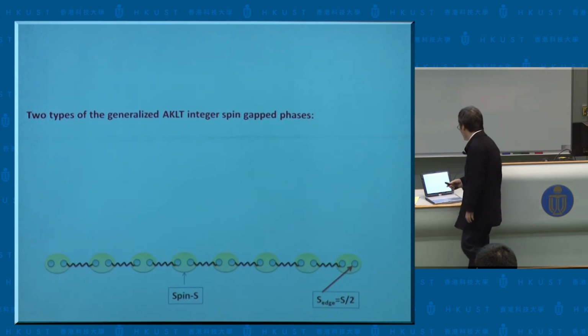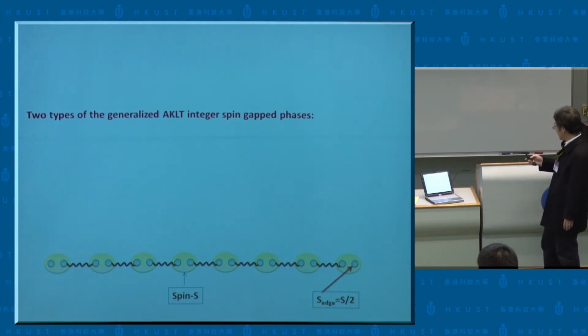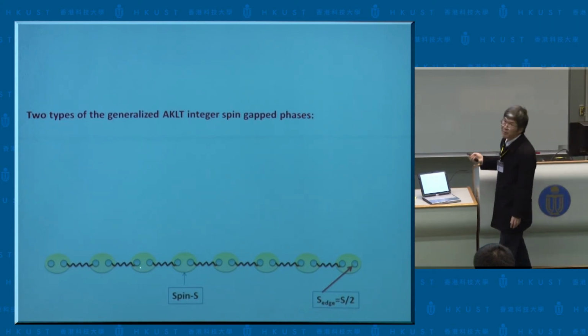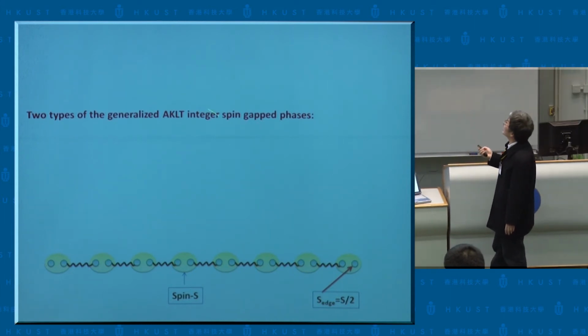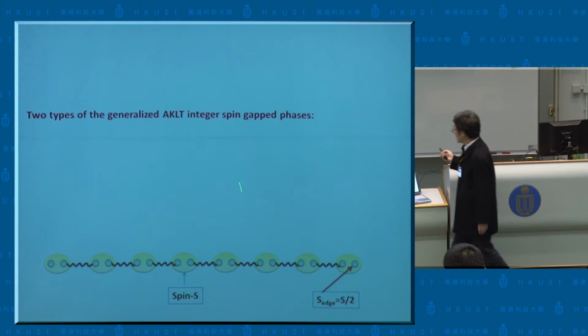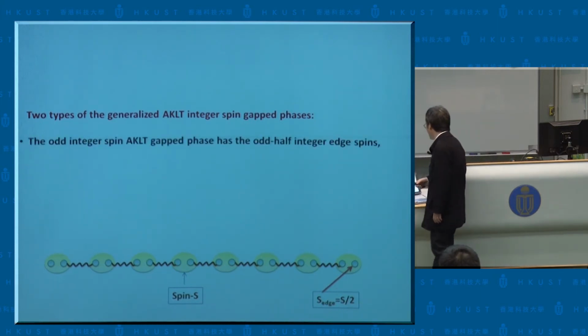So for the integer spin chain, if we just adopt the construction method proposed by AKLT, it seems there are two different types of generalized AKLT states, integer spin gap states.